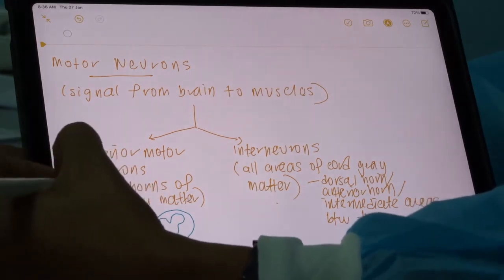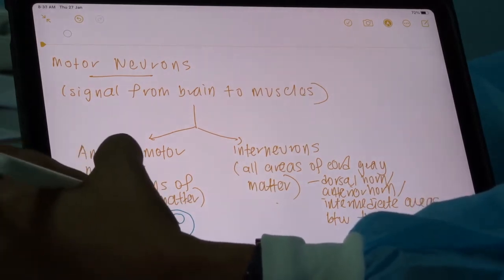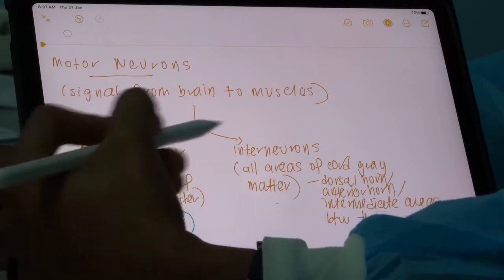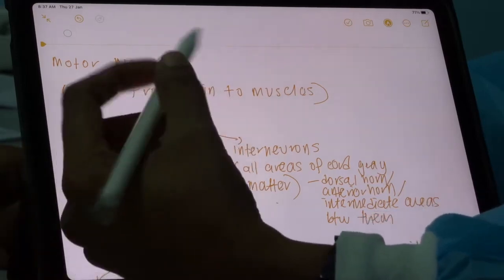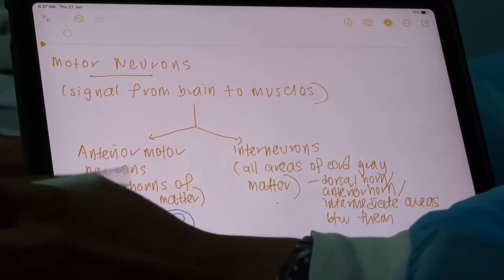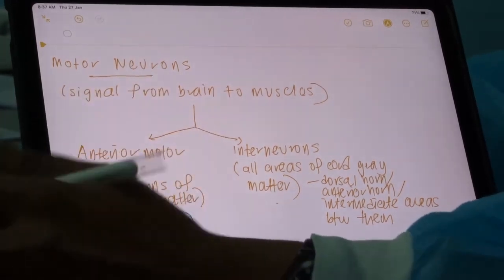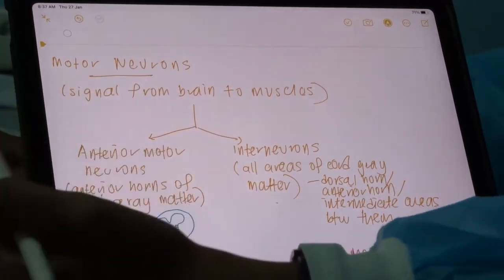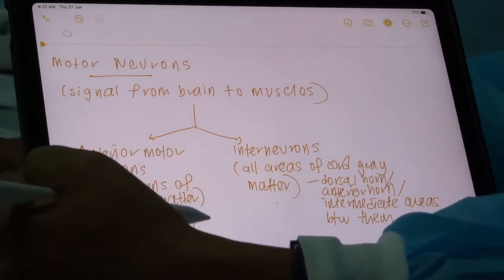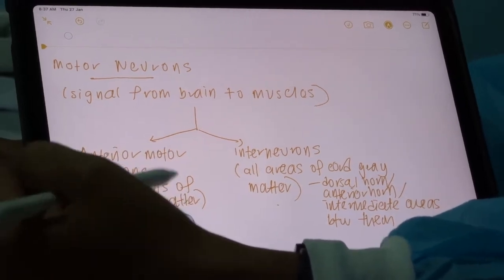The anterior horn of the spinal cord gray matter will be over here. And the interneuron will be everywhere over the gray matter, anywhere in all areas of the gray matter. It can be at the dorsal, anterior, or intermediate regions.